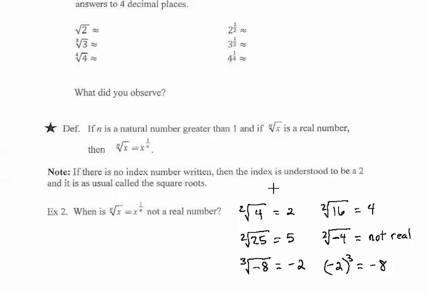So this should give you a clue as to how to answer example 2. It says, when is this expression, in general, where n could be any whole number, when we take the nth root of a number x, when do we say that x to the 1/nth power is not real?